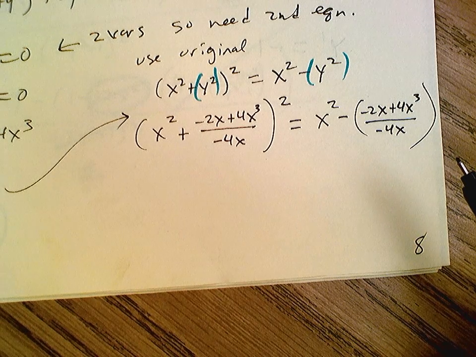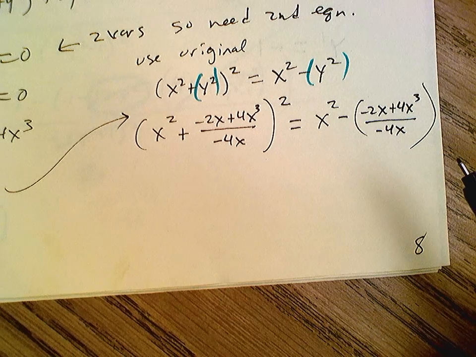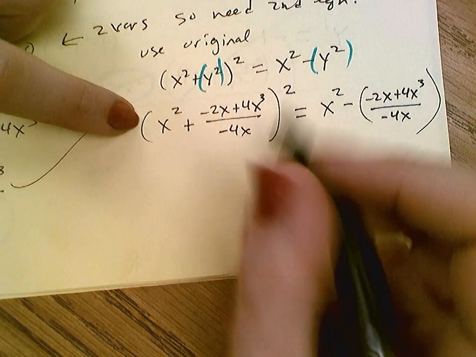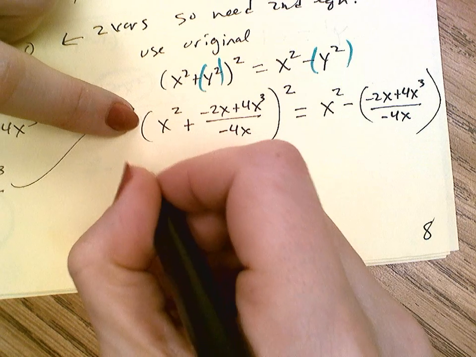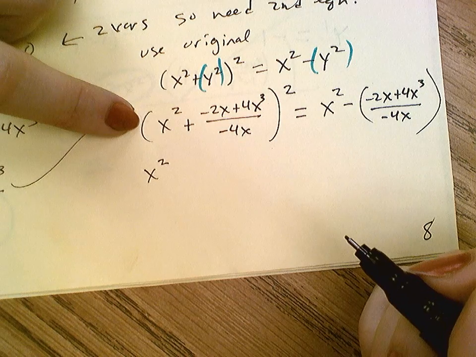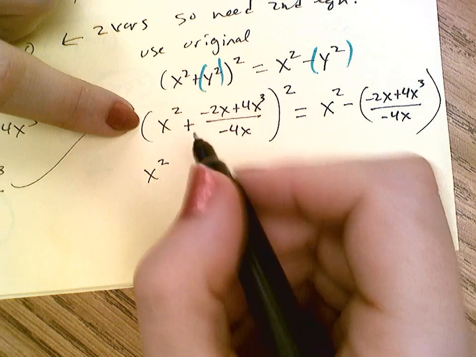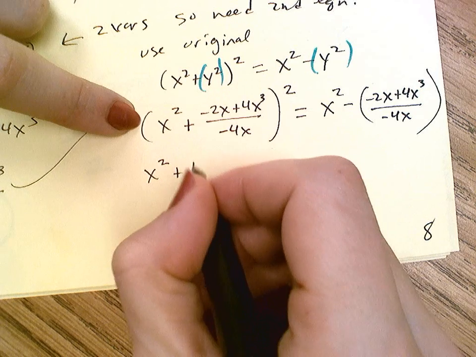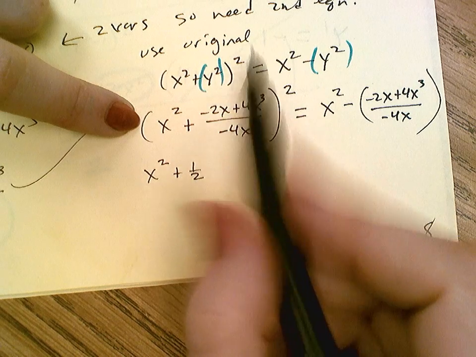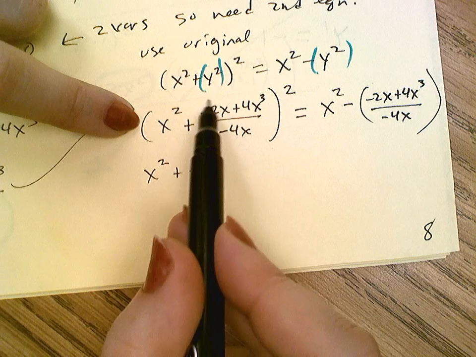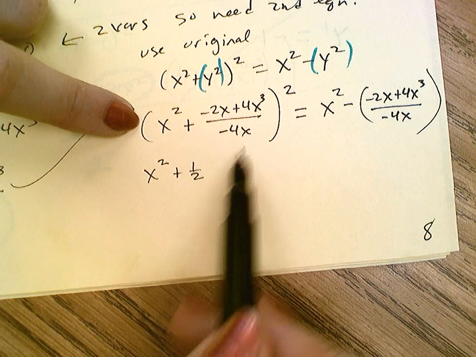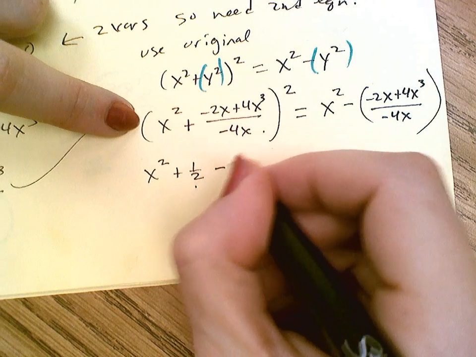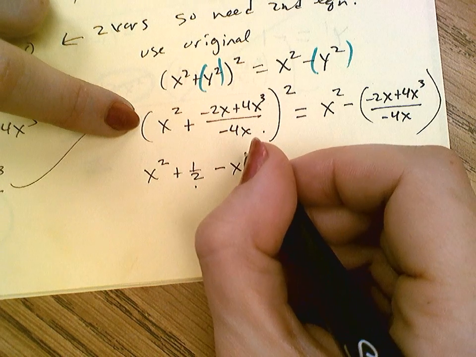Now I have to simplify what I can. So this is x squared, and then this just ends up being a half. I'm splitting up this fraction. This part just becomes a half, and this part becomes, thank goodness, minus x squared.